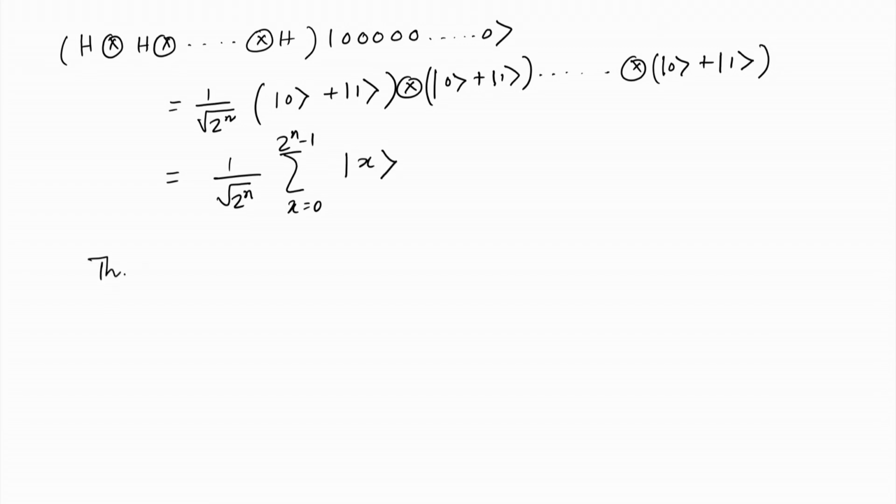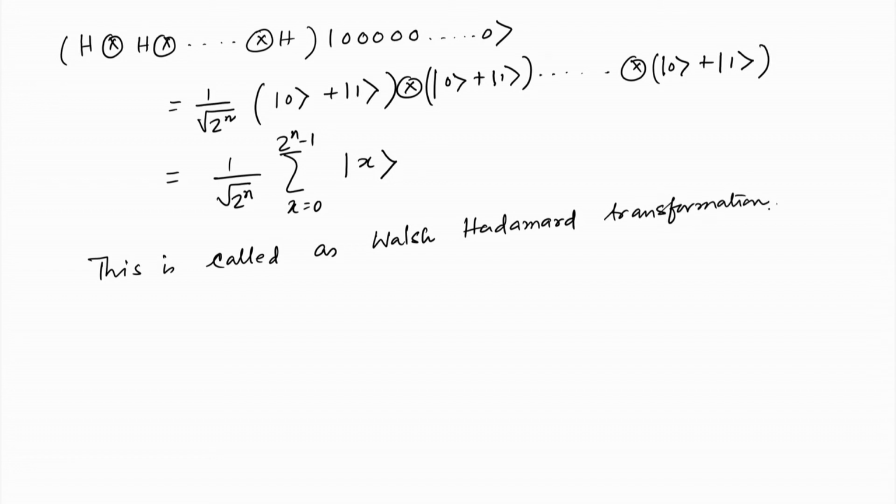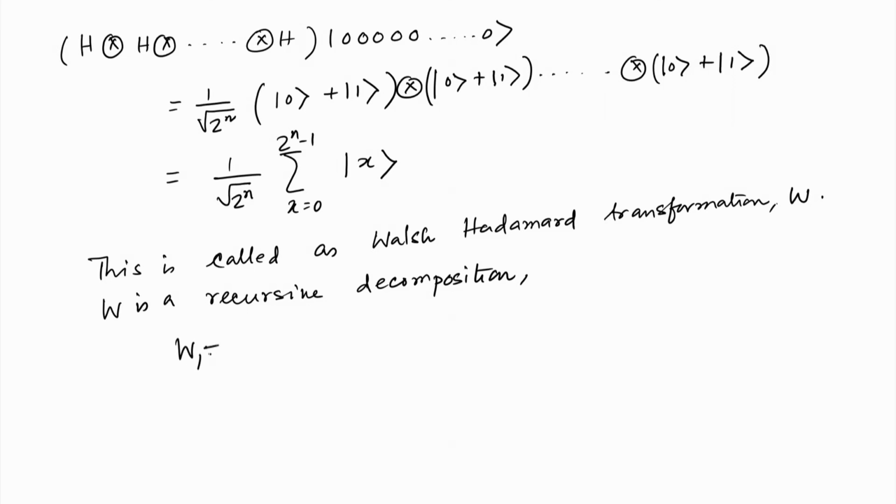This is called the Walsh Hadamard transformation, and it is represented by W, where W is a recursive decomposition of the form: W 1 equal to H and W n plus 1 is H tensor product W n.